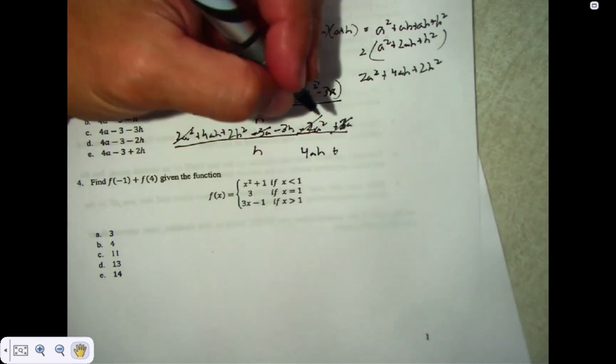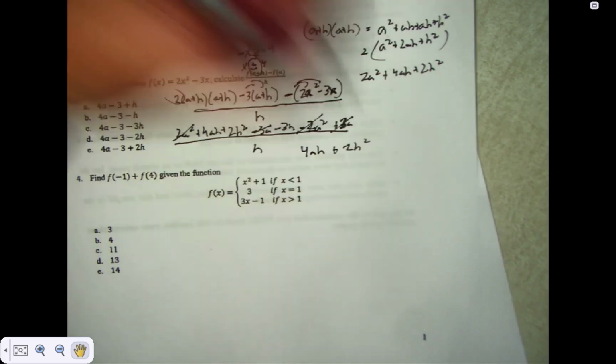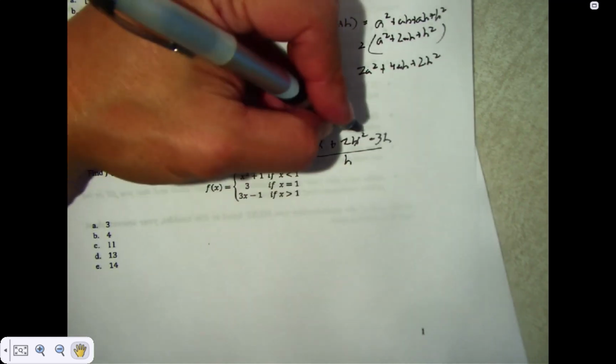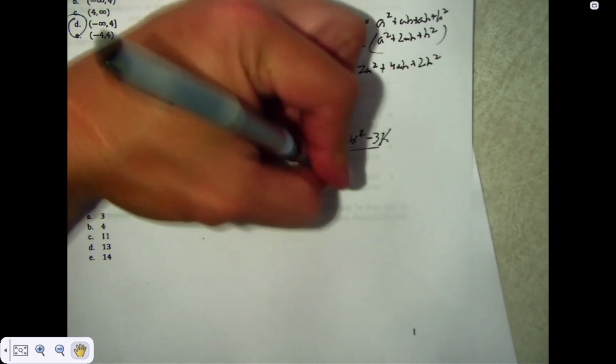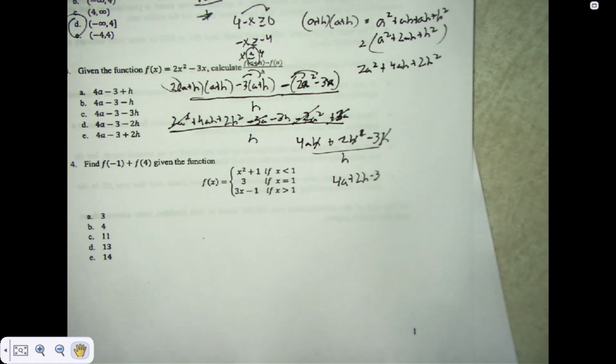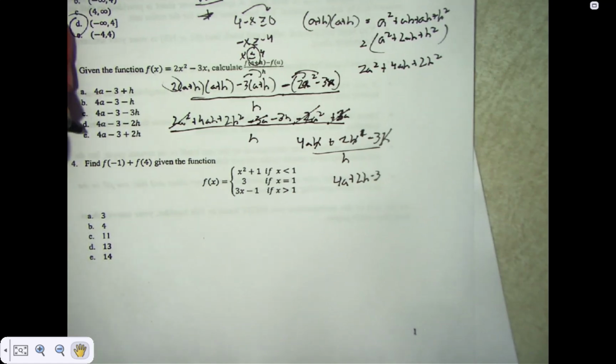I have 4ah plus 2h squared minus 3h, and it's all over an h. And some h's are going to cancel. That makes it a 1, gone. And I have 4a plus 2h minus 3. Looks like choice E.